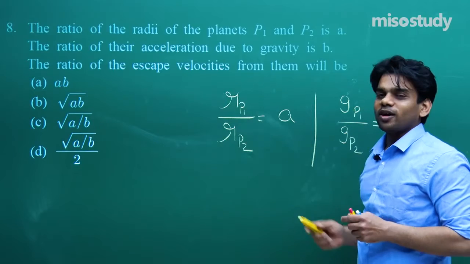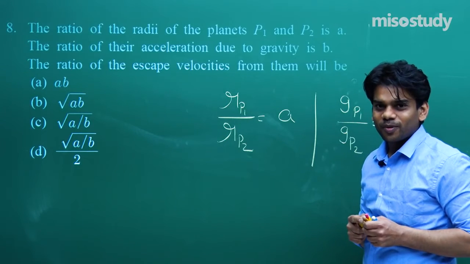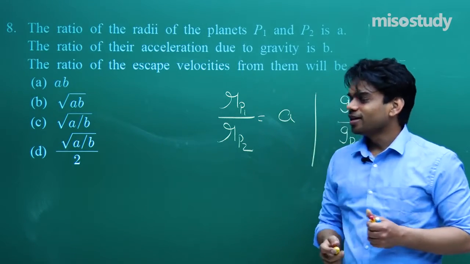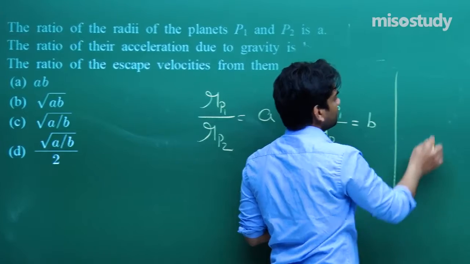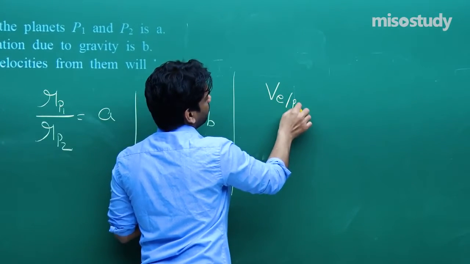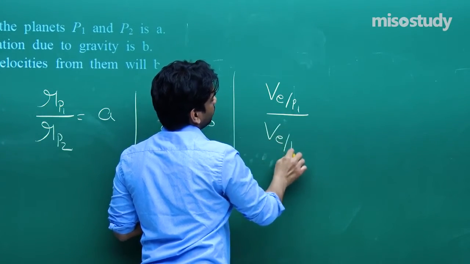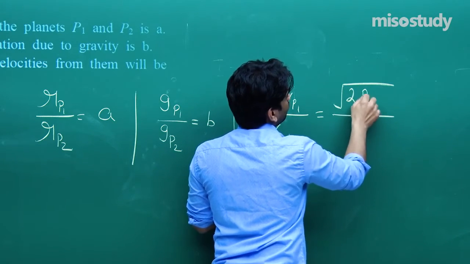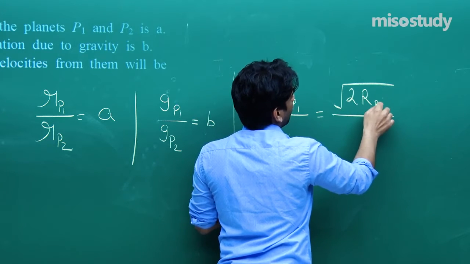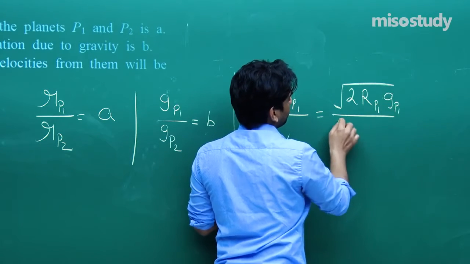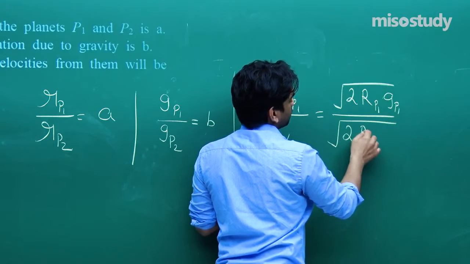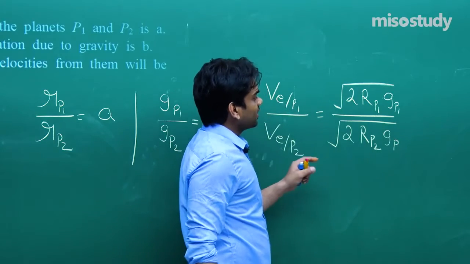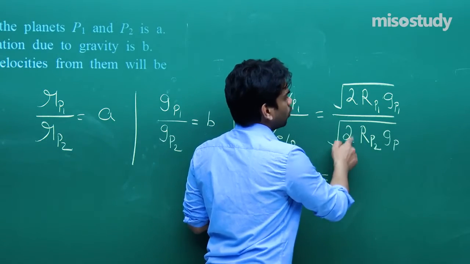The ratio of escape velocity. You must be remembering the formula for escape velocity, that is equal to under root 2Rg. So I need to find escape velocity from P1 divided by escape velocity from P2. We know that escape velocity is under root 2Rg. So under root 2 R_P1 g_P1 over under root 2 R_P2 g_P2. The 2 and 2 will be cancelled out.